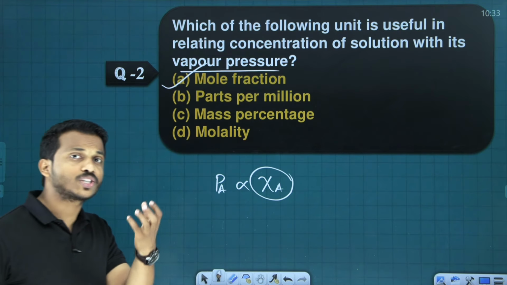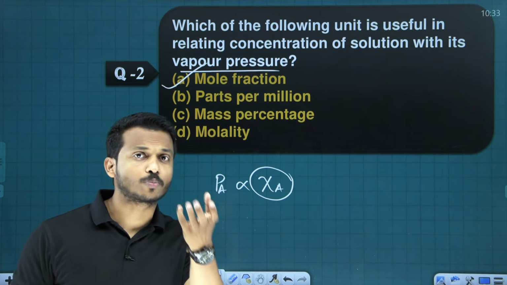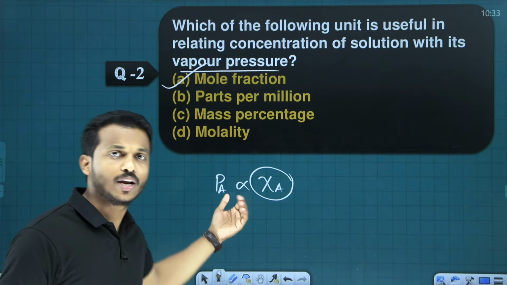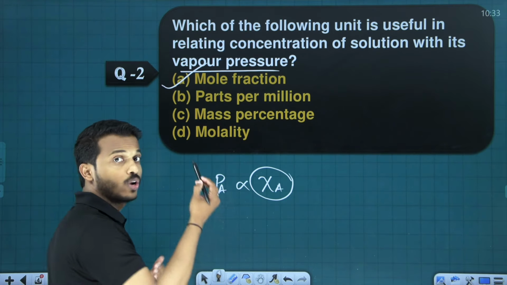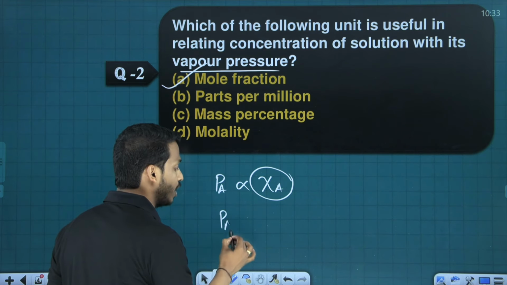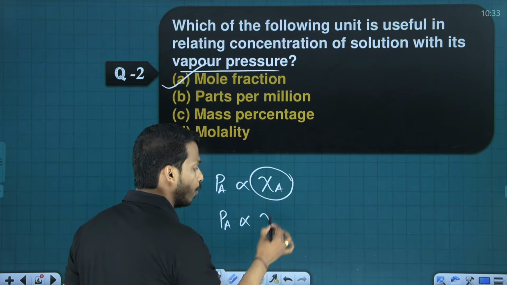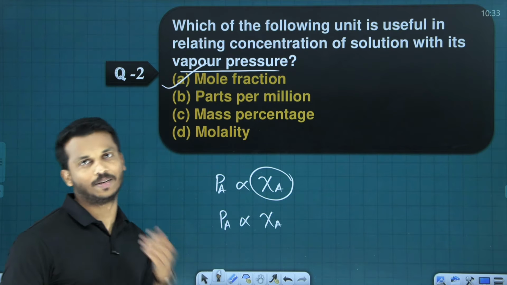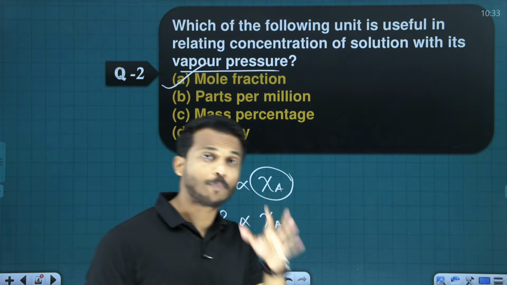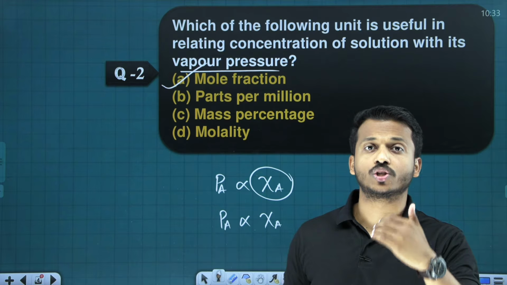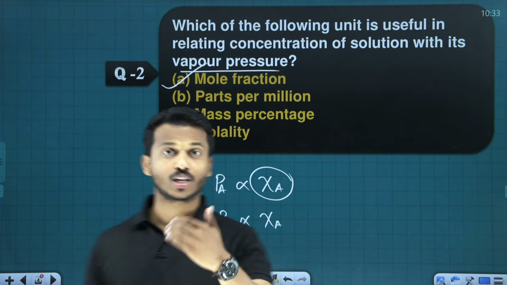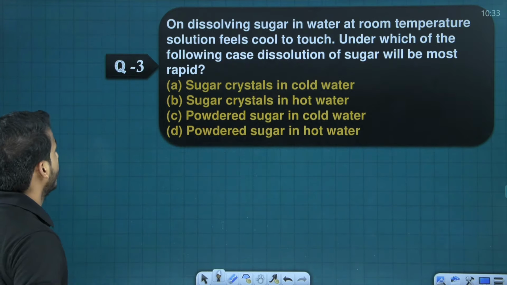So mole fraction is the term we use to express concentration in these kinds of laws. Similarly, in Raoult's law, the partial pressure is directly proportional to its mole fraction. That's the concentration term we are using.